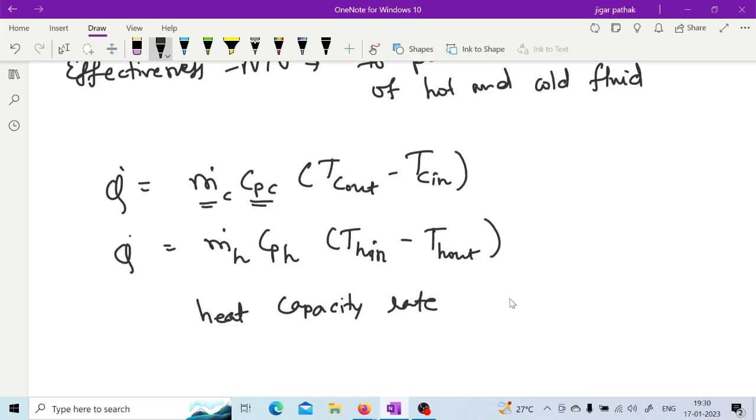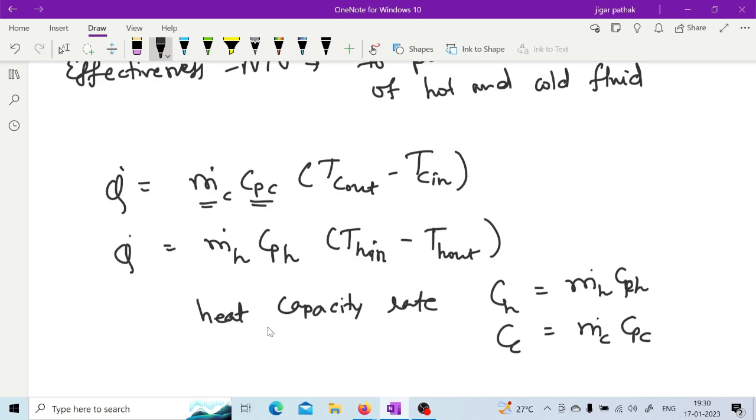For hot fluid and cold fluid, we define the heat capacity rate as m into Cp, giving Ch and Cc. This is basically the capacity of the cold fluid and hot fluid to carry and reject heat.